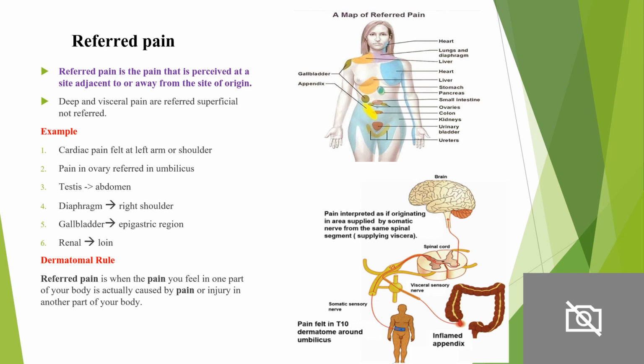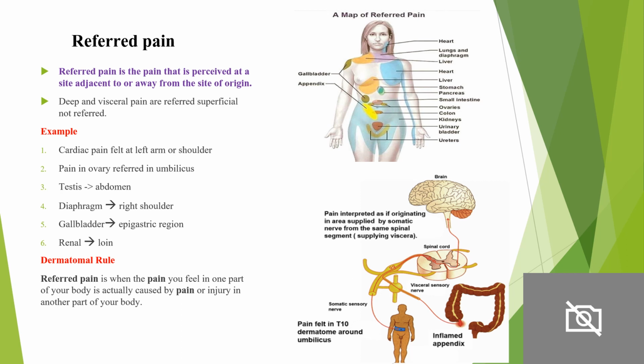If you have any problem in the appendix, the pain will take place in the umbilical region. So this is the dermatome rule. A dermatome includes all the structures or parts of the body which are innervated by afferent nerve fibers of one dorsal root. So one afferent fiber innervates two structures. So if you have any problem in the viscera, it will be reflected in the other region.